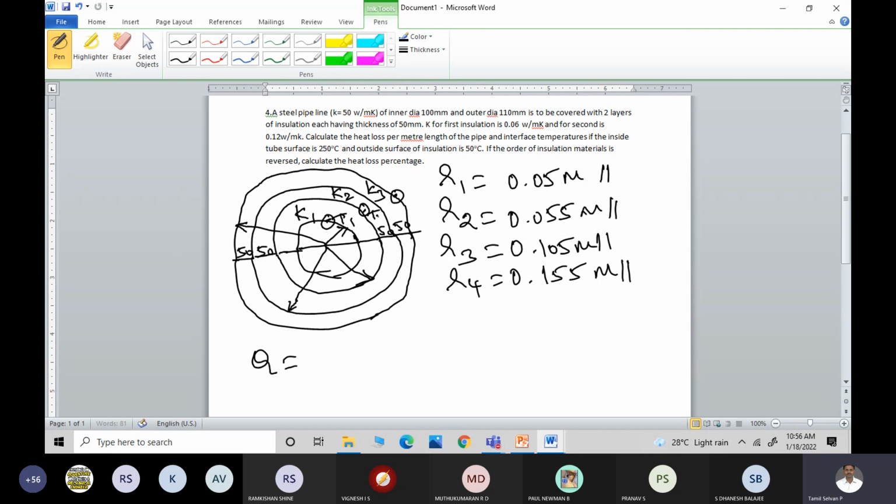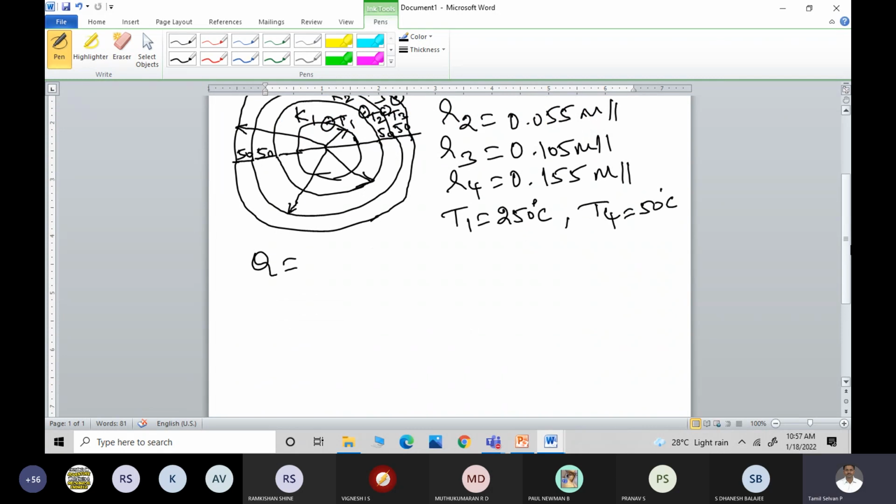You don't know T2 and T3, and outer is T4. T1 is 250 and T4 is 50. In the first case K1 is 50, K2 is 0.06 and K3 as 0.12. In the second case, K2 is 0.12 and K3 is 0.06. Are all of you able to understand the question? Yes, sir.